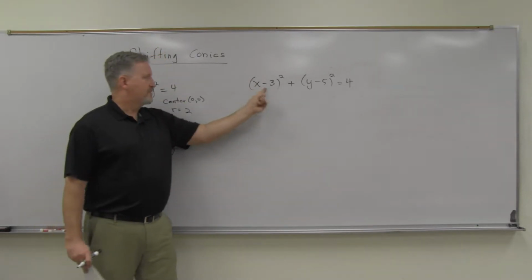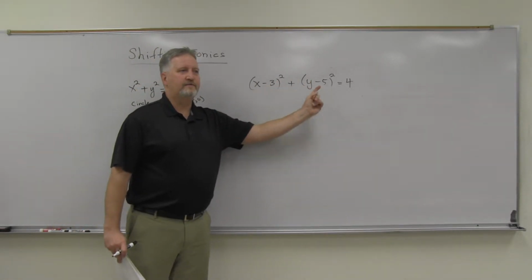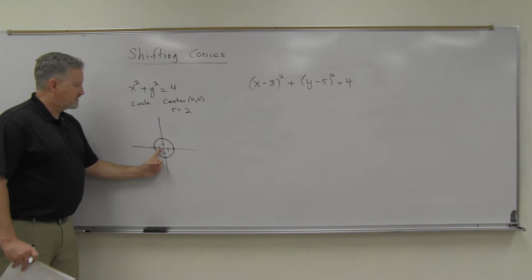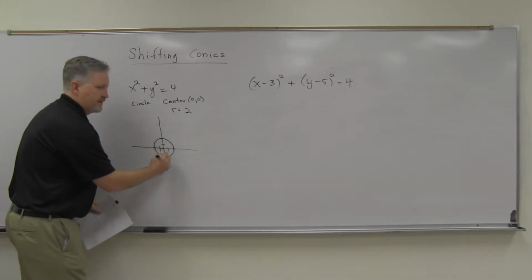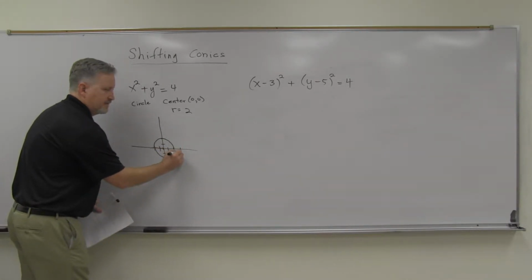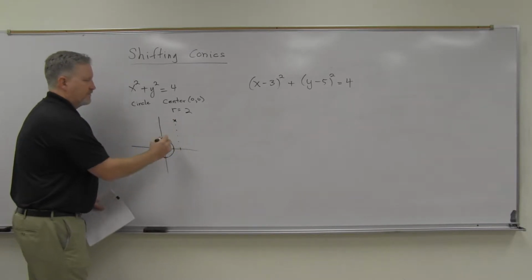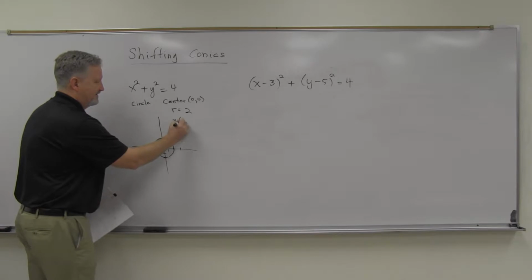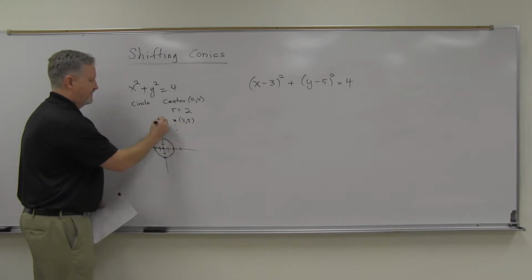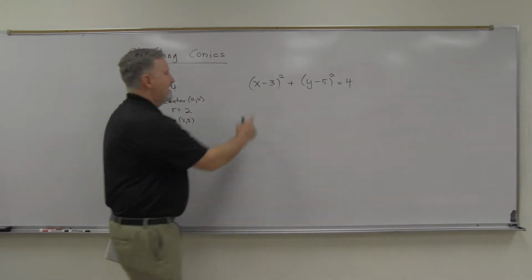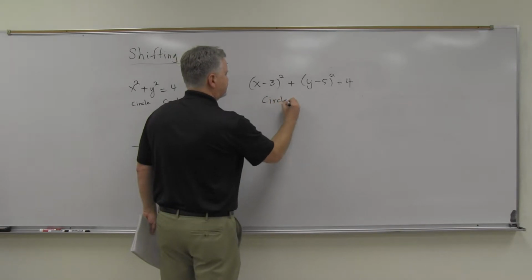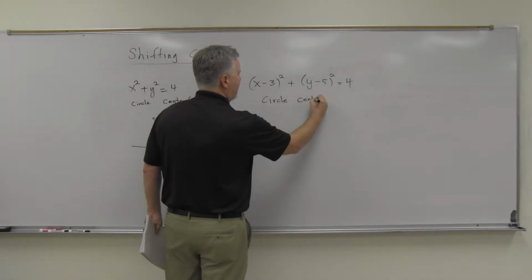This is 3 to the right, this is 5 up. Specifically, if I shift my center 3 to the right, 5 units up, that puts my center at 3, 5. So this is a circle. The center is 3, 5.